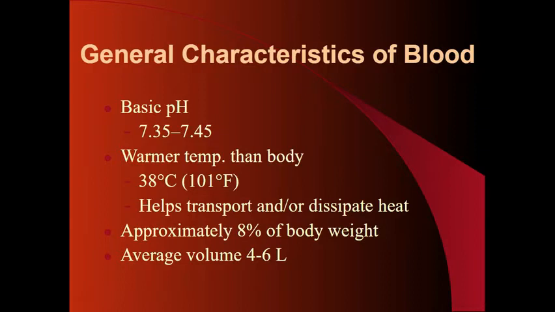Blood is 38 degrees Celsius or 101 degrees Fahrenheit. And that's so that it can help transport heat to locations or dissipate heat if the body needs to cool down. Overall, it's about 8% of total body weight. And on average, we have between 4 to 6 liters of blood in our bodies.